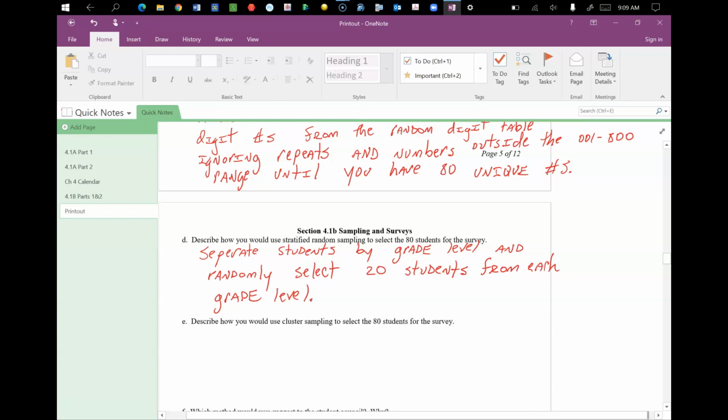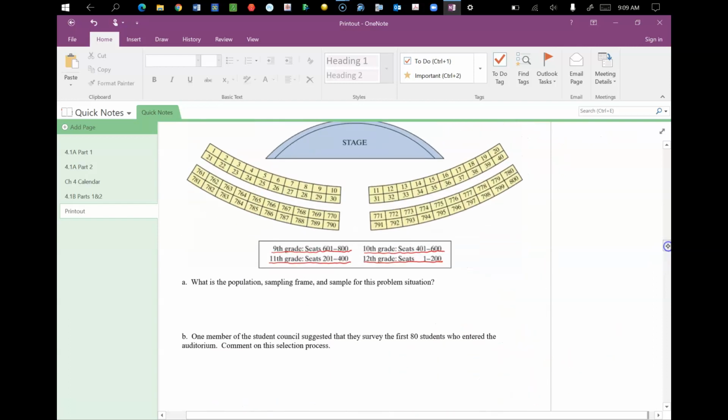Describe how you would use cluster sampling to select 80 students for the survey. Well, this one gets a little bit more tricky because when we select a sample, we always want the sample to be representative of the population. So let's go back to our diagram for this one.